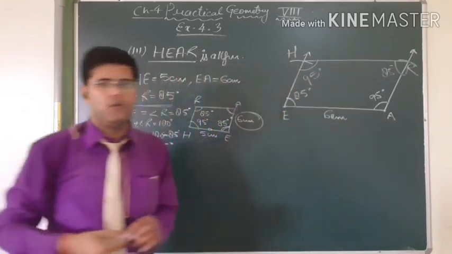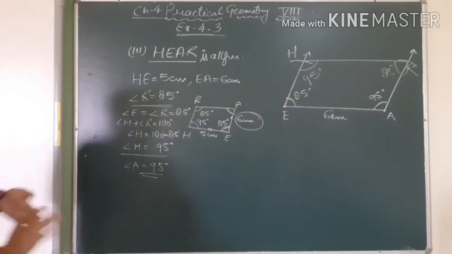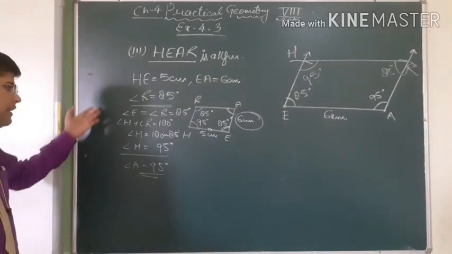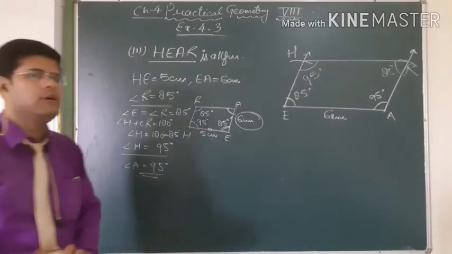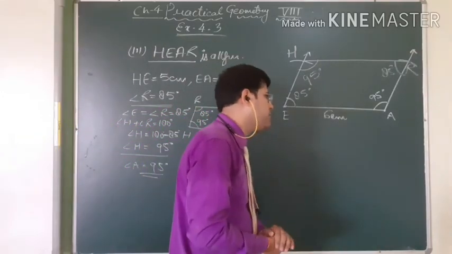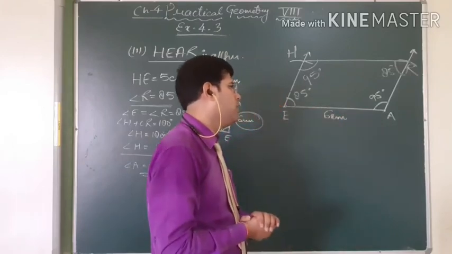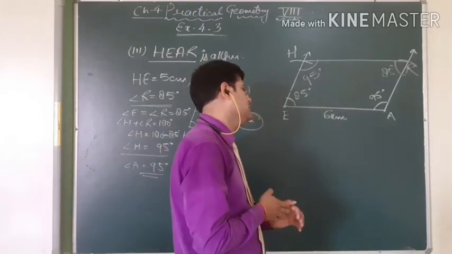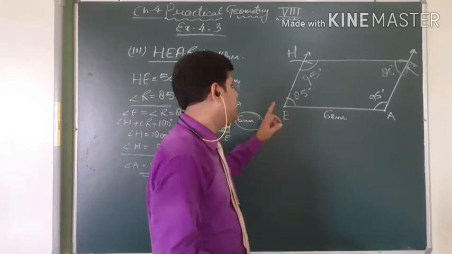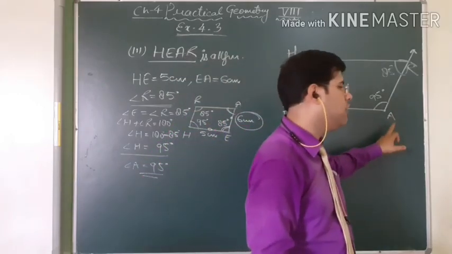So how will you write the steps? Firstly we have to find these angles. After finding these, we can form this figure. And what about the steps? The first step must be EA equal to 6 centimeter. Now from point E make an angle of 85 degree and from point A make another angle of 95 degree.